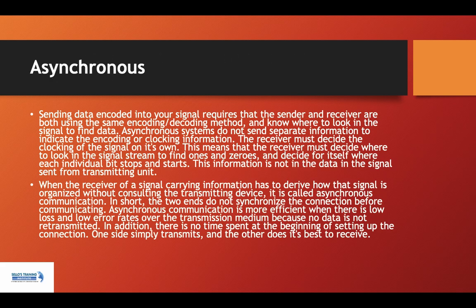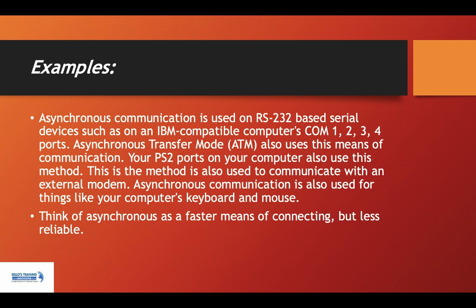Now, let us look at asynchronous communication. Sending data encoded into a signal requires that the sender and the receiver are both using the same decoding method and know where to look in the signal to find data. So go through this information and understand a little bit of it.